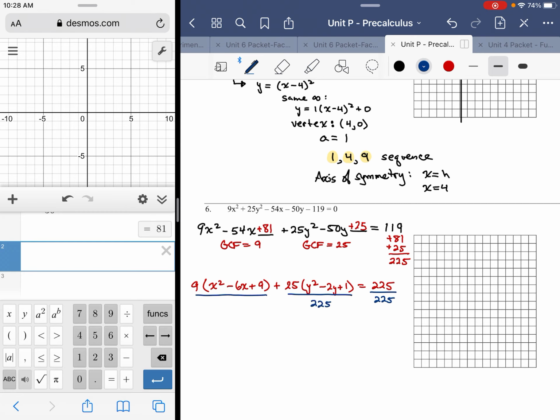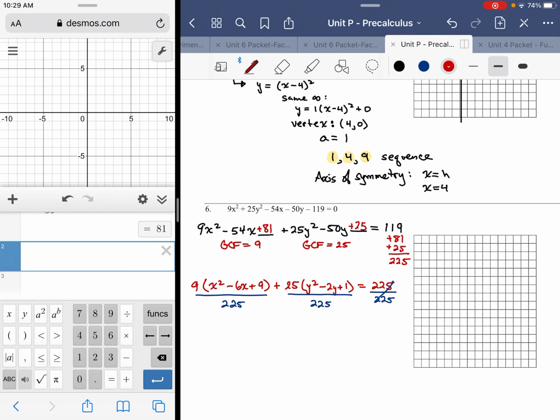The big question on some people's minds at this point is, how would we know to divide by 225? That's because you're dealing with a conic section, specifically an ellipse or a hyperbola, because both the x and the y terms are squared. In this case, it's an ellipse because of the plus sign separating the two would-be fractions.